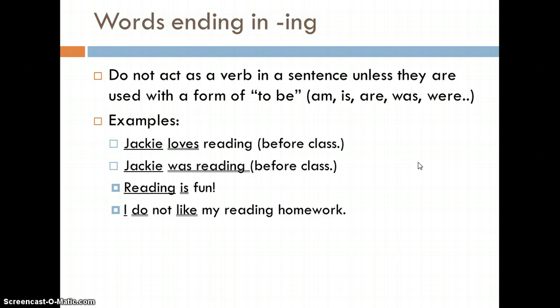Otherwise, it's performing some other function in the sentence. So these are a few important things to review when trying to identify prepositional phrases, verbs, and subjects in sentences.